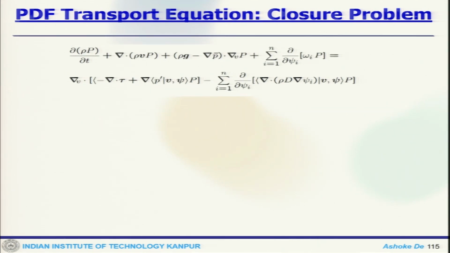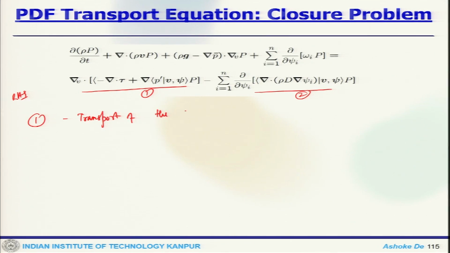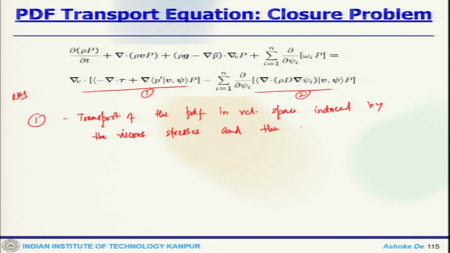The first term on the right hand side is an unclosed term; it describes the transport of the PDF in velocity space induced by the viscous stresses and the fluctuating pressure gradient.